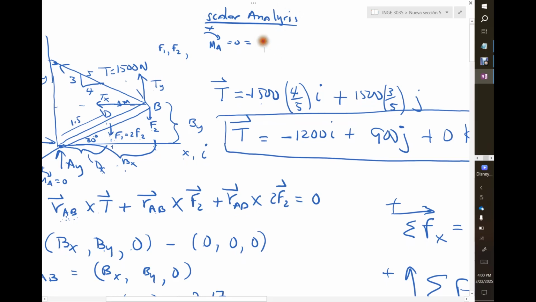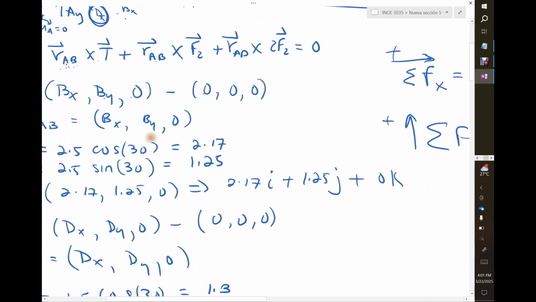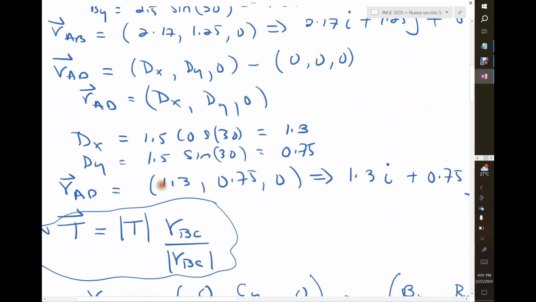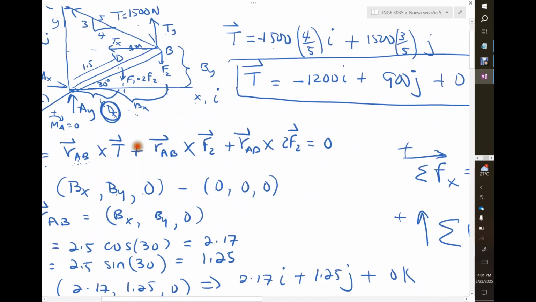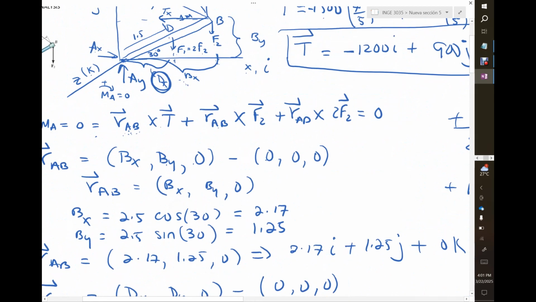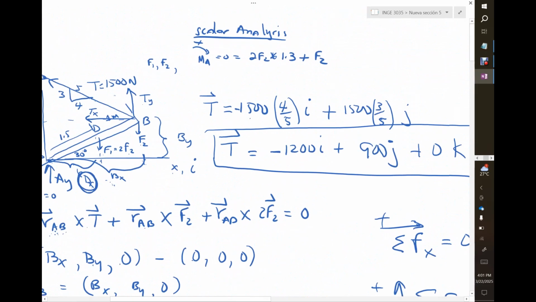I can put 2F2 here, no problem. 2F2 times the distance from here to here, and let's call that distance dx because it's the shorter one, and dx was calculated somewhere here. That's 1.3, so times 1.3, and then plus F2 times the longest distance, because this is the arm for that one. That's going to be bx, and bx is 2.17.